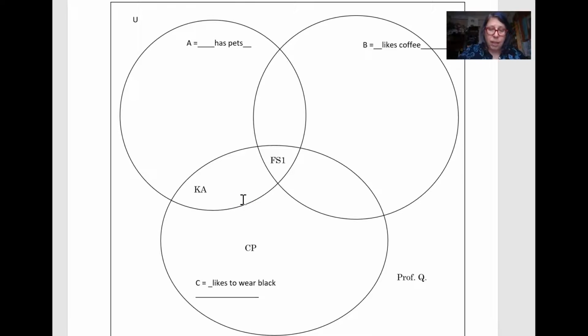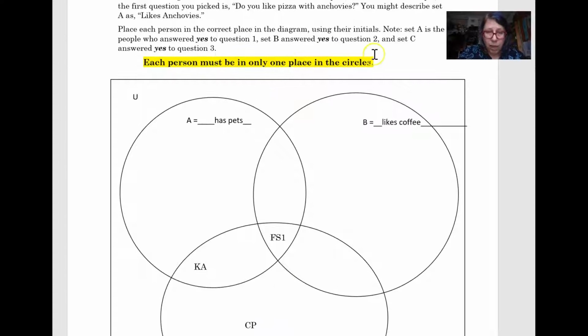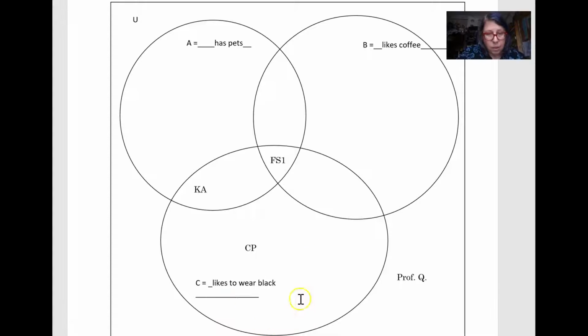Notice again, each person only goes in one place. So KA has pets and KA likes to wear black, but they don't like coffee, so they're not going to go in the middle. They're going to go in the overlap between these two circles because they have pets and they like to wear black. So you'll find out more about that in the next recording about what this is called. This is the intersection between the two circles where they like both.